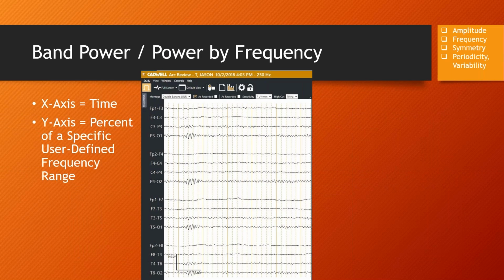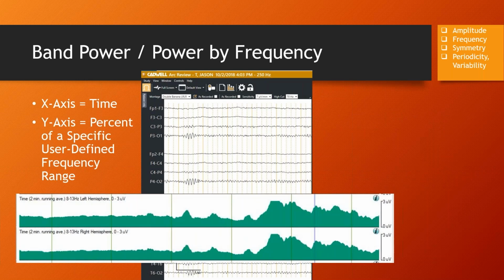So again, here's a normal EEG, and we're looking at a graph of the alpha activity over a period of time. Actually not sure how long that is, but I'm going to guess it's about half an hour to an hour. So what can we see by looking at this?